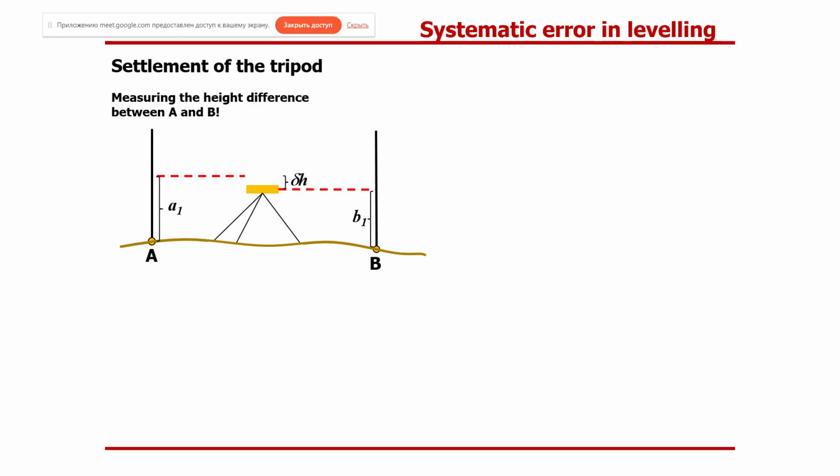While the tripod is standing on the wet land, on the sand, and did not settle properly, the measuring of the height difference can have an error delta H. This delta H is an error that occurs because of improper settlement of the tripod.